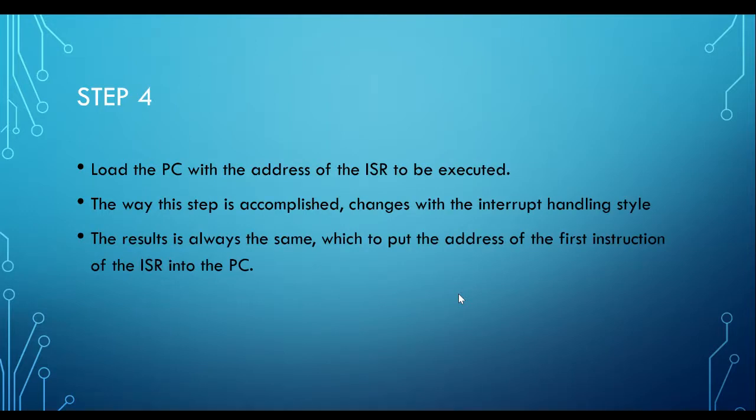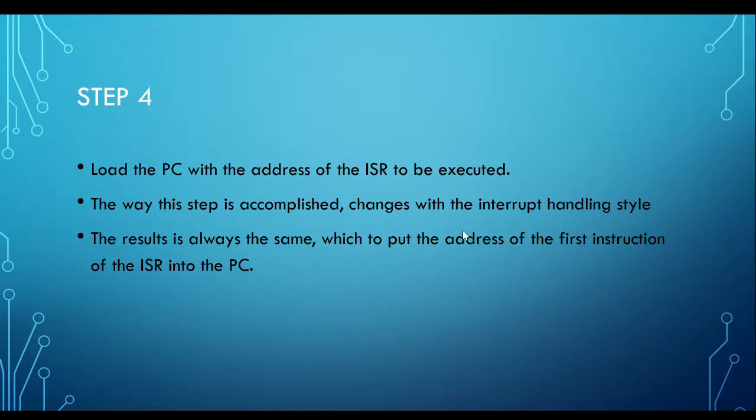Step 4. Once you disable the GIE, of course, you will load the PC with the address of the ISR to be executed, for example the blinking of the LED. So once the main program stops for a while, the LED will blink. And then after that, it might load back the original address for the main program.